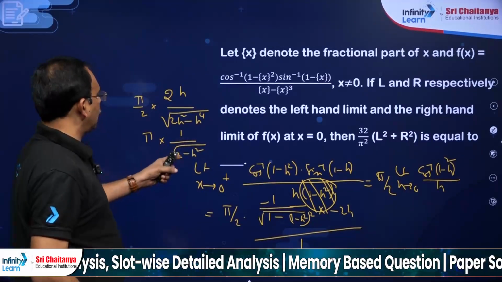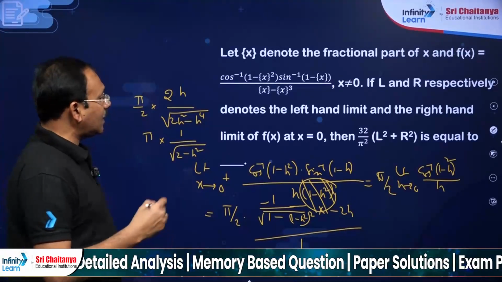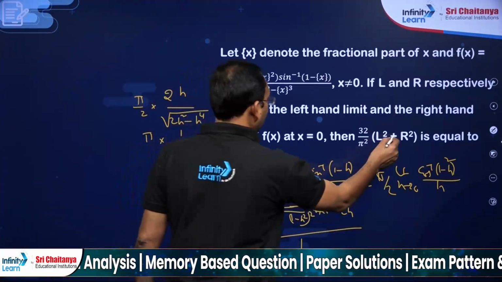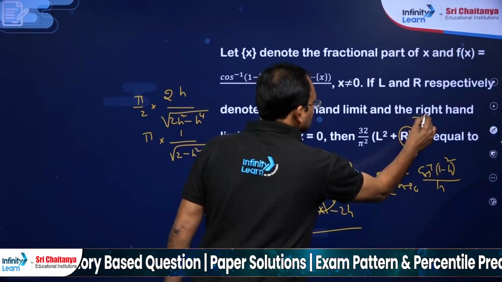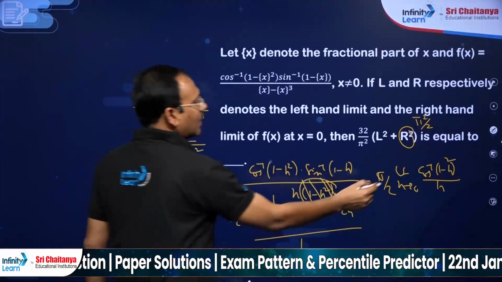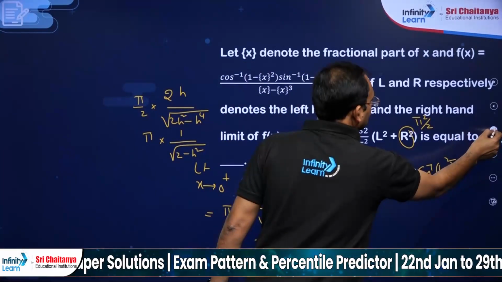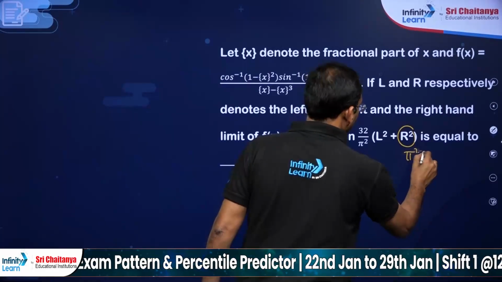As h tends to 0, 1 by root 2. So pi by root 2 is going to be the right hand limit. So R square will become pi square by 2. Clear, dear students? R square is pi square by 2.